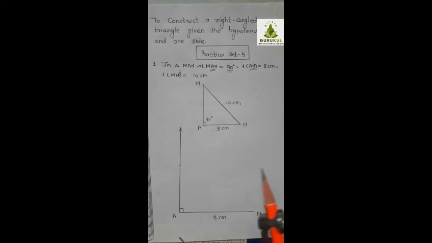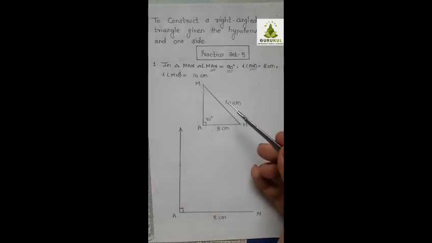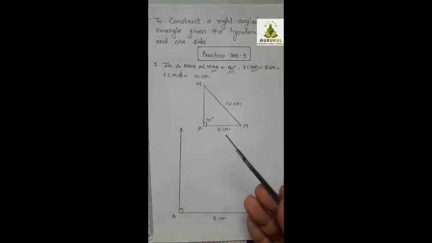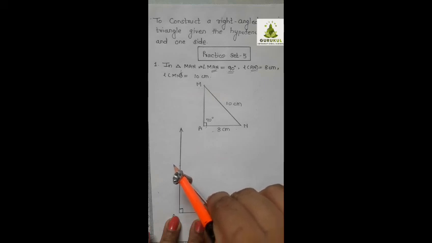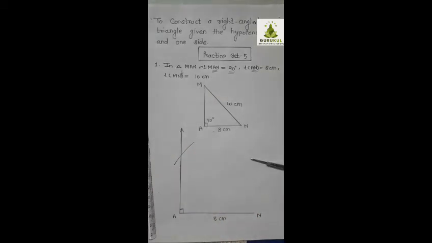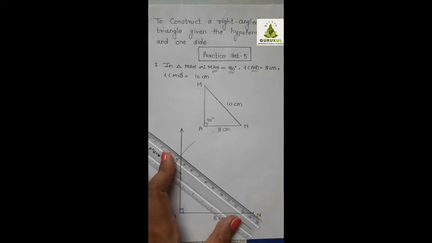Some children by mistake place the pointer here and draw the arc. No, we have to draw the side MN. So obviously pointer should be on point N, and I will draw the arc which intersects this ray. Then connect this point N and this intersection point using scale.